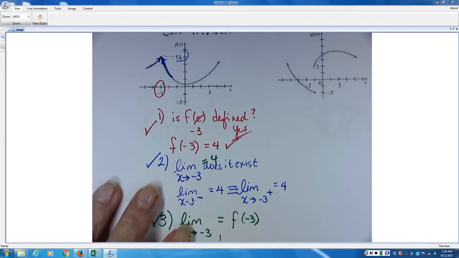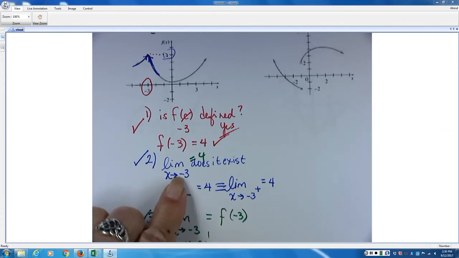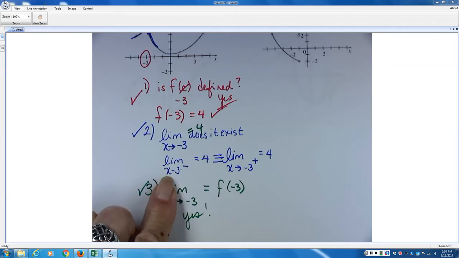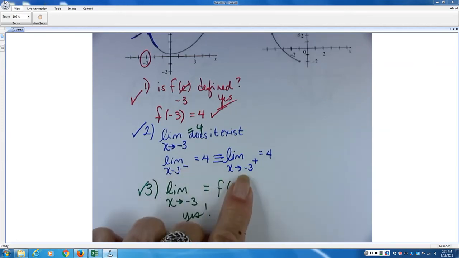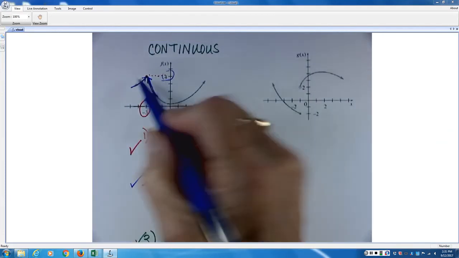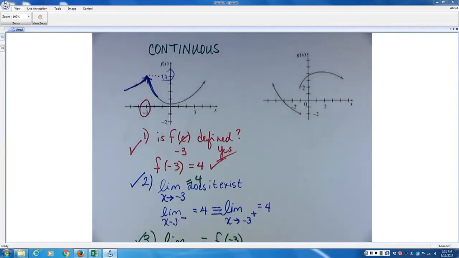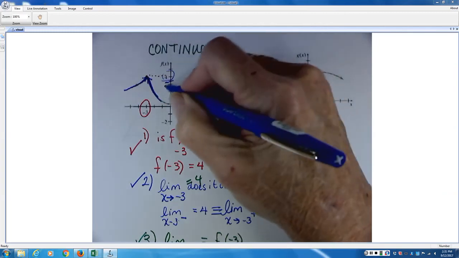And then our second step was, does the limit as x approaches -3 exist? You have to break that down to the question, does the limit as x approaches -3 from the negative side equal the limit as x approaches -3 from the positive side? We saw, looking at the graph without having to do any math, that if I approach from the negative, I approach 4, and if I approach from the positive, I approach 4.